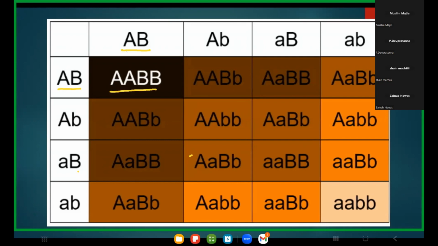And if one parent has capital A, capital B, and another parent has simple A, simple B, then the skin tone would be slightly lighter because of the combination of the alleles. Whereas if both the parents have simple A, simple B, then they would have lighter shade. So the phenotype would vary with the genotype.